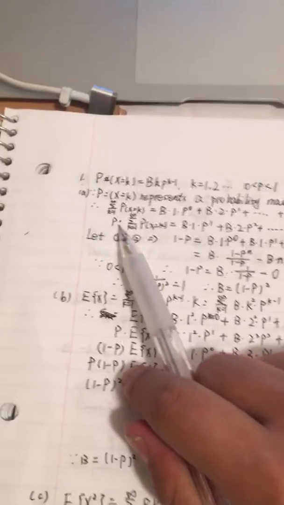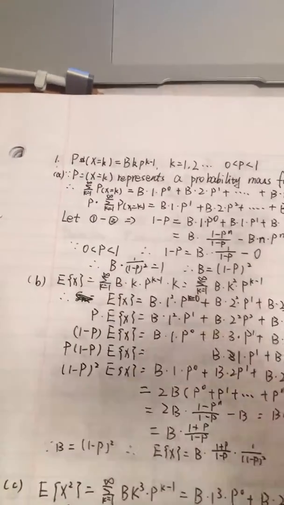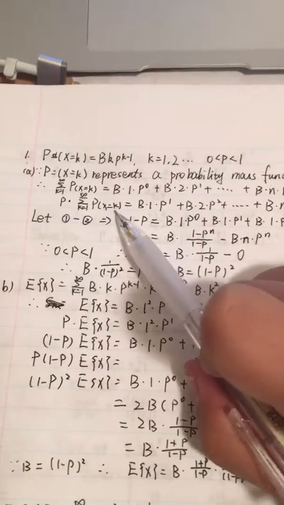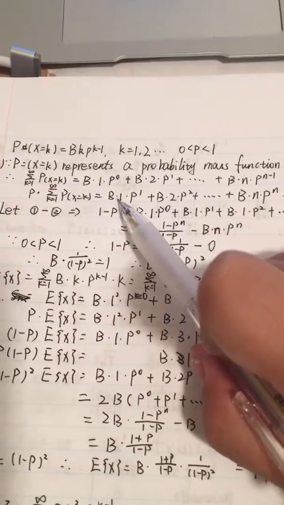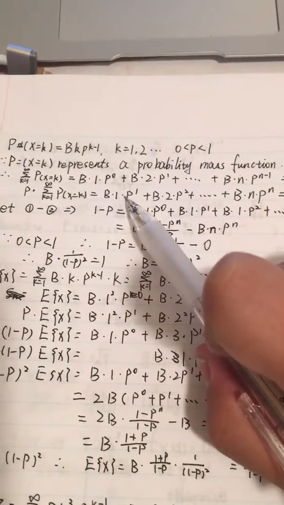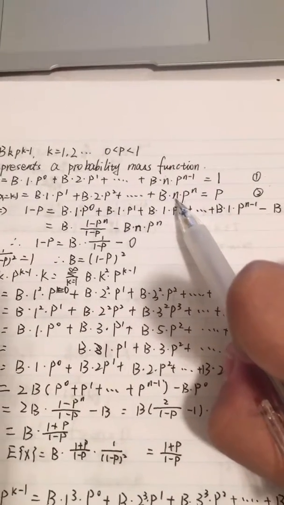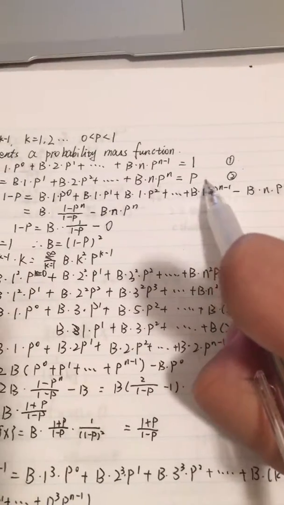And we can use p multiply the sum over k from 1 to infinity of P(X = k). It equals b multiply 1 multiply p to 1, and plus b multiply n multiply p to n, equals p. This is the second formula.